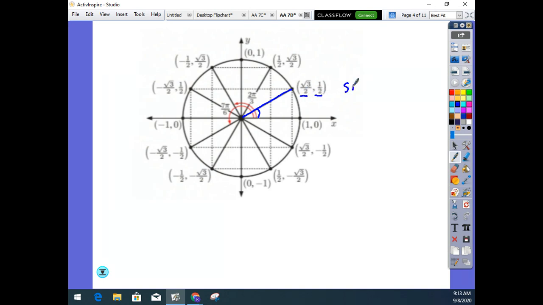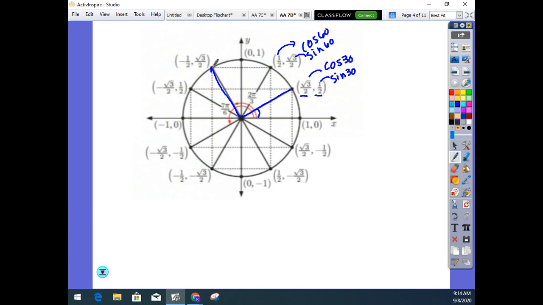So the x is cosine of 30, and the y is the sine of 30. This is cosine of 60, sine of 60. And what they do is just move it all the way around.